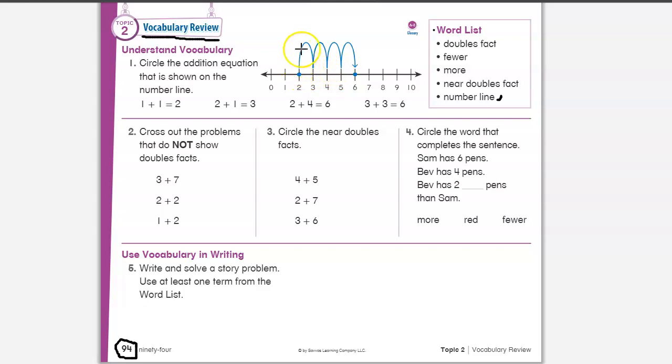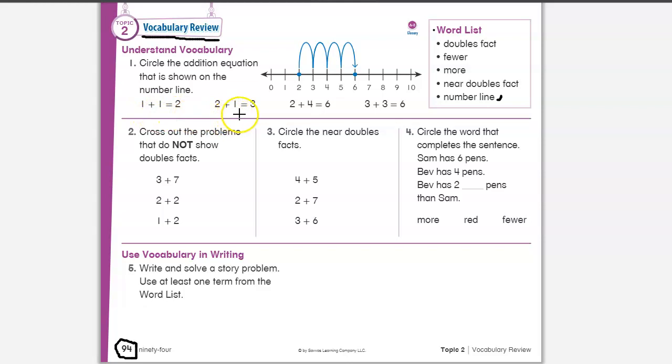How many times did we jump in order to get to 6? Let's count. 1, 2, 3, 4. So if we started at 2, we went up 4 places to get to 6. Our equation would look like 2 plus 4 equals 6.